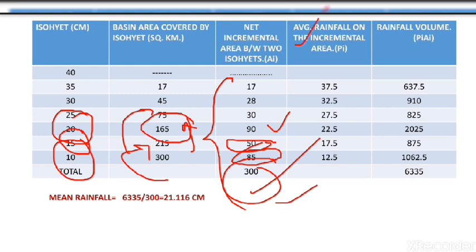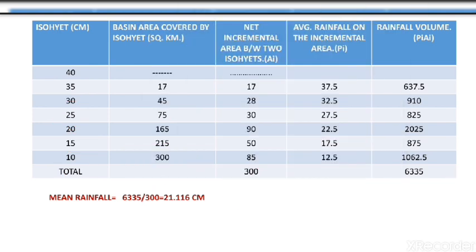Okay. Next, in the fourth column, I have just found the average rainfall on the incremental area. So, what will be the average rainfall corresponding to the area 17? It will be the average between 40 and 35. It becomes 37.5. That means 40 plus 35 divided by 2, 37.5.